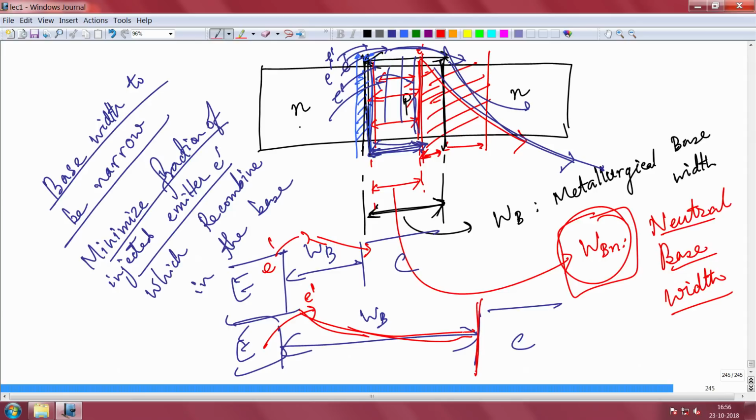So you want to make the base narrow, so that very few electrons recombine in this region and most of the electrons come to the collector. If you keep a very thick base like this, most of the injected electrons will decay, and they will lead to very low current.